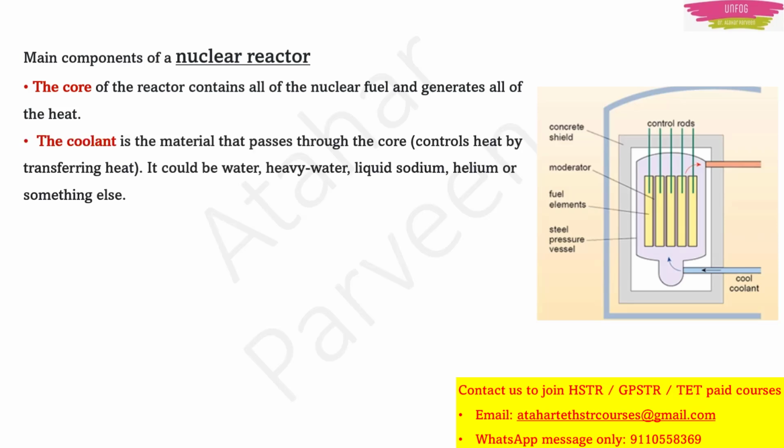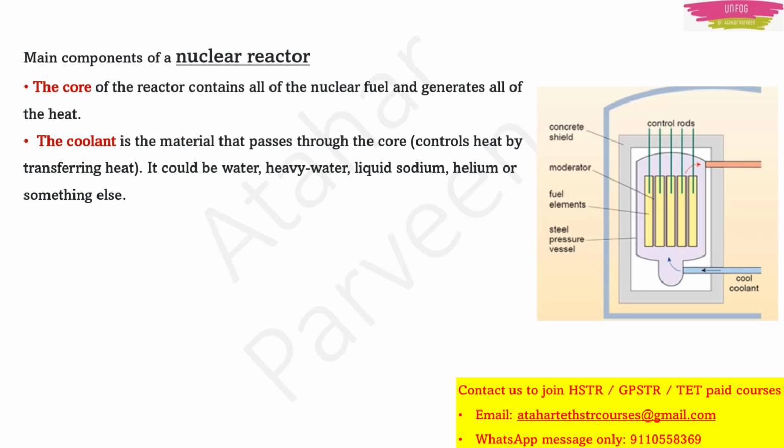Next comes the coolant. What is the function of this coolant in the nuclear reactor? It is the material that passes through the core, and its function is to control heat. See, in a nuclear chain reaction, a lot of energy is released, right? If a lot of energy is released, then heat is also there, isn't it?